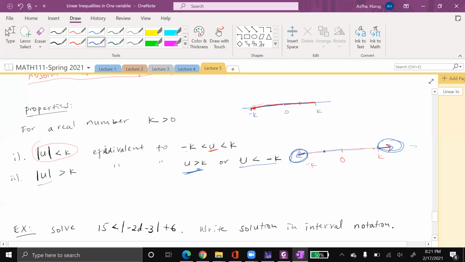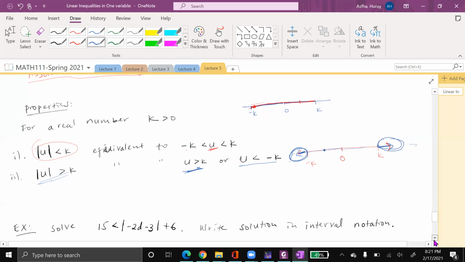If you pick any number from these two regions, they satisfy this condition, which means their distance from 0 is always greater than the distance of k from 0. Okay, that's the interpretation of this one. So I feel it will help you to interpret this as the distance of a number from 0. The absolute value of u is the distance of that u from 0.